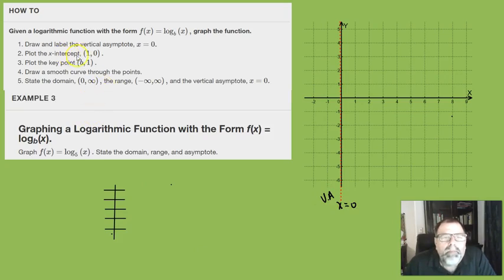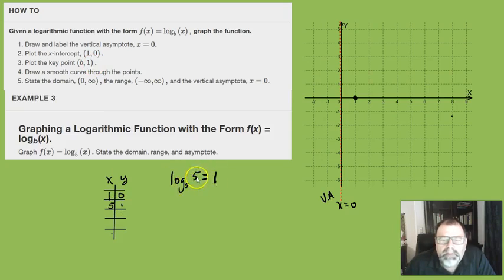And then plot the intercept. (0, 1). Oh, sorry, that's for exponential. We're doing log, so it'll be (1, 0) for the x-intercept. Then you're going to do (b, 1). So b, in this case, is 5, so we're going to do (5, 1), because log base 5 of 5 is equal to 1.